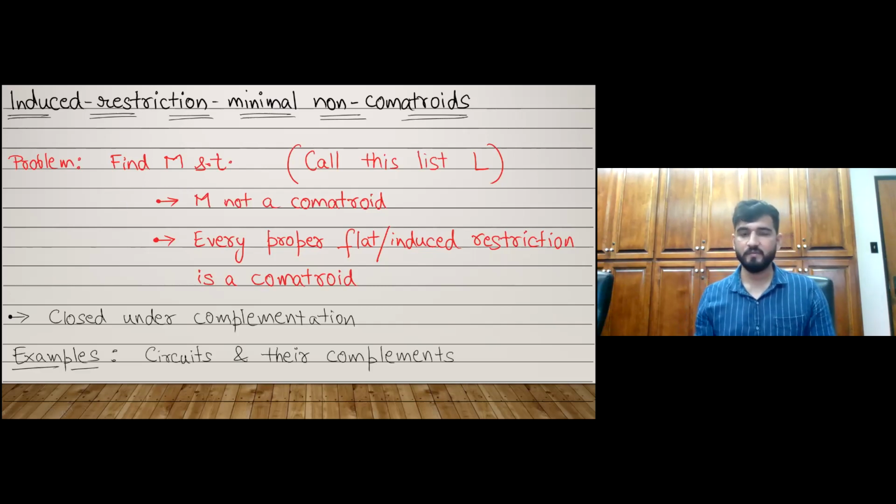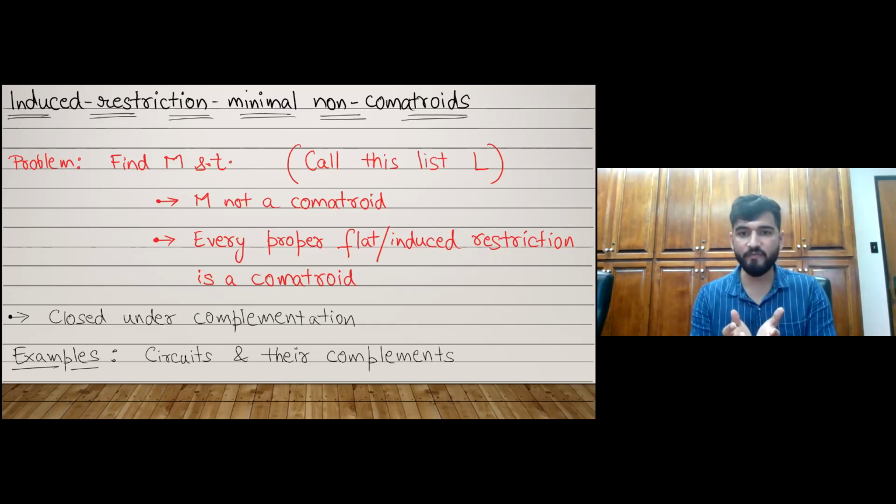And what are the examples? If you look at circuits, circuits of size bigger than or equal to 5, as we already talked about, are not comatroids, because circuits are too connected, and the complement is also too connected. So you cannot have that for comatroids.